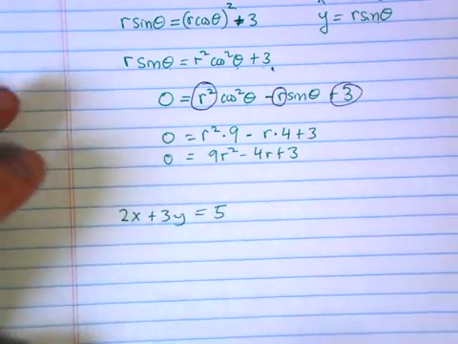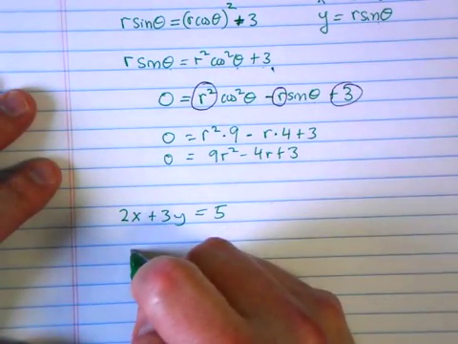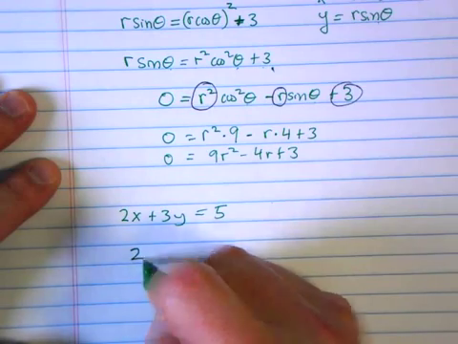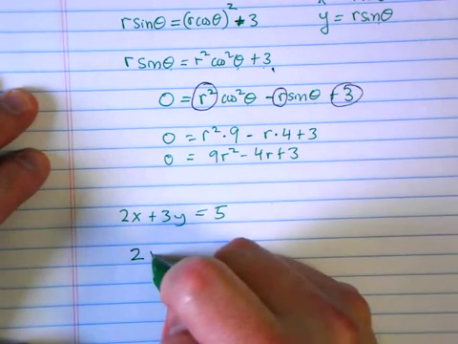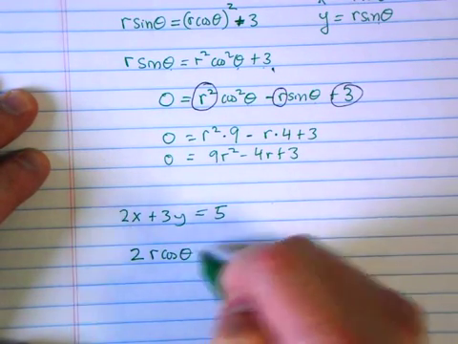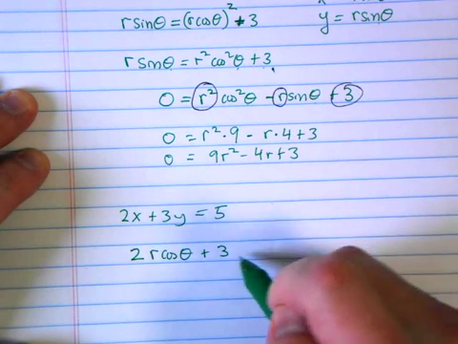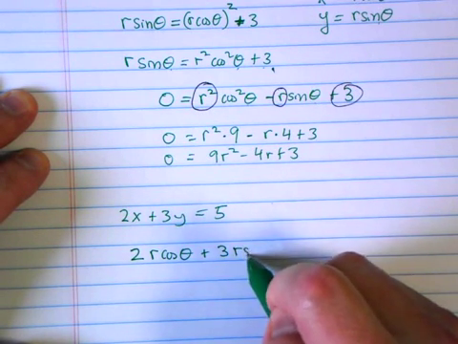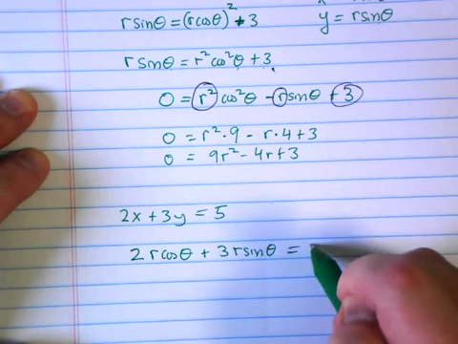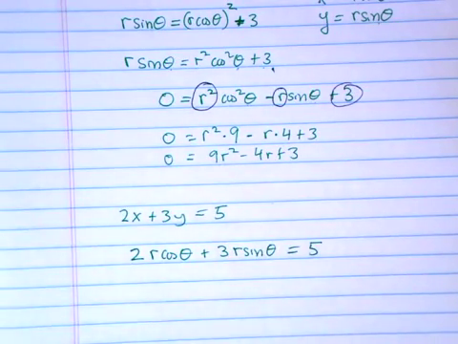Convert it to polar form, what would you do? Instead of x, I'm going to write r cosine theta. Instead of y, I'm going to write r sine theta equals 5. Now, how can I get the r all by itself?